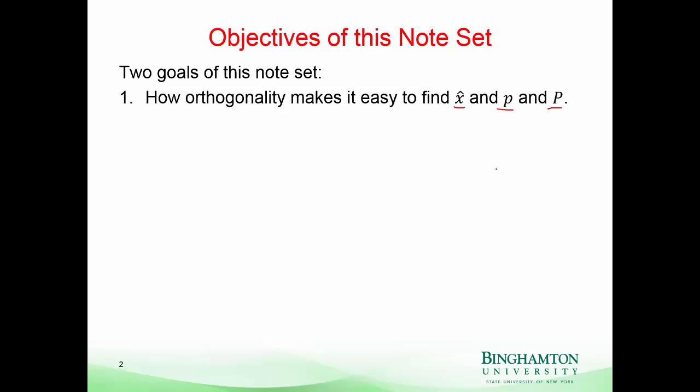Not that the formulas become easy and therefore it's easier for us to remember them. They become easy, and it's therefore easier for a computer to compute them. And why would you care about how easy it is for a computer to compute them? Well, these days, even though computers are really fast, we're asking them to do lots and lots of things all at the same time. And I'm not talking about while you're doing word processing and searching the web.